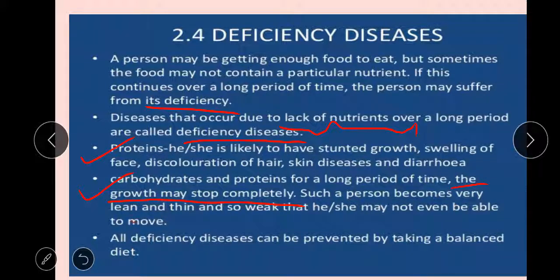Such a person becomes very lean and thin and so weak that he or she may not even be able to move. All deficiency diseases can be prevented by taking a balanced diet. So always keep in mind you have to take balanced and healthy food for your body to grow better, to do better, and to develop yourself in a better way. Because a sound body has a sound mind.